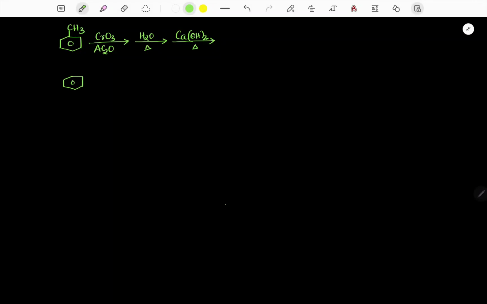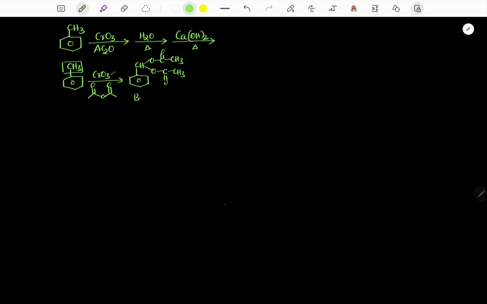The reactant toluene is treated with CrO3 and acetic anhydride. Ac2O means acetic anhydride. This reaction is from the aldehyde chapter. The benzylic carbon in the presence of CrO3 is converted into the corresponding benzyl carbon connected to two carboxylic esters.